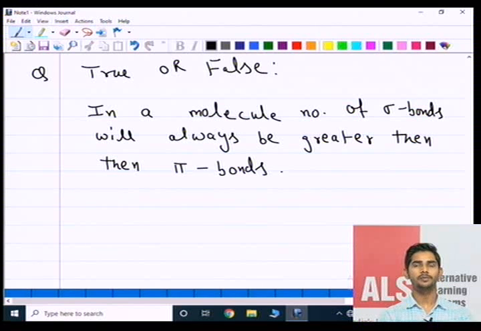In the alkynes, sigma bonds are equal to the pi bonds. That's what you are trying to say. Am I right? In the alkynes, sigma bonds are equal to pi bonds.